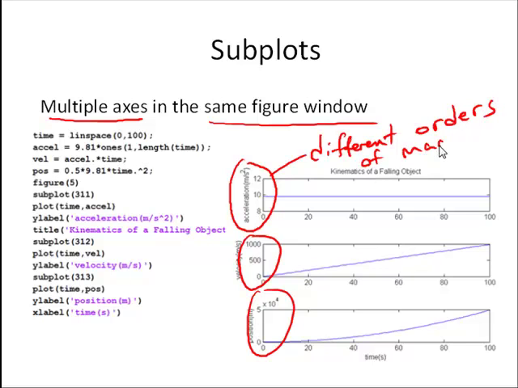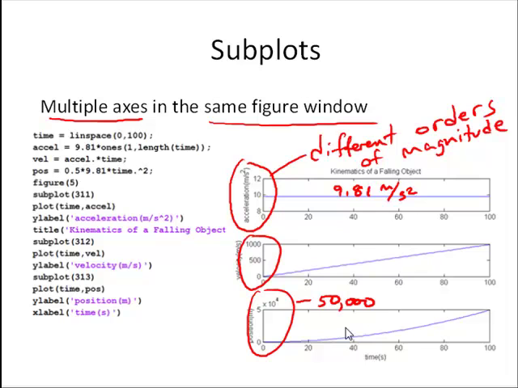So if we try to plot these all on the same axis, we wouldn't be able to see all three lines because, for example, the position is going up to 5 times 10 to the fourth, or 50,000, whereas the acceleration is constant at 9.81 meters per second squared. So that constant line would not show up on a plot of the position.